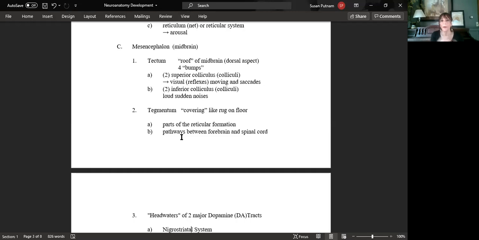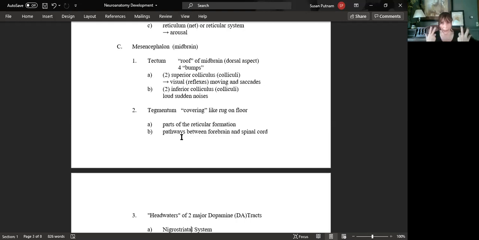When I was learning these structures a while back, I was a little confused at first because my instructor said the tectum was a covering and the tegmentum was a covering, but they were in the same little section of the brain. I'm like, that makes no sense. So do we have a double covering or what do we have going?